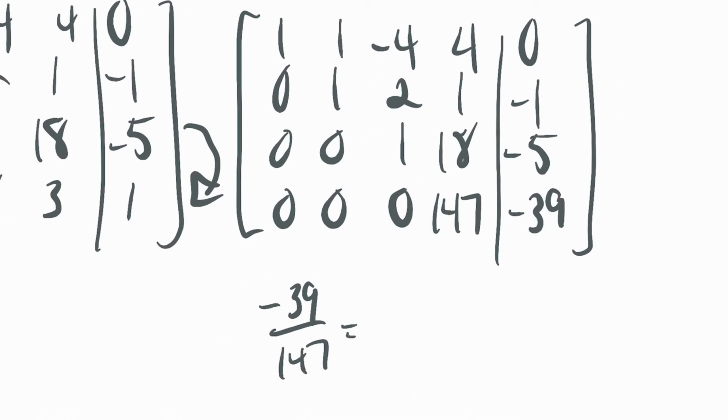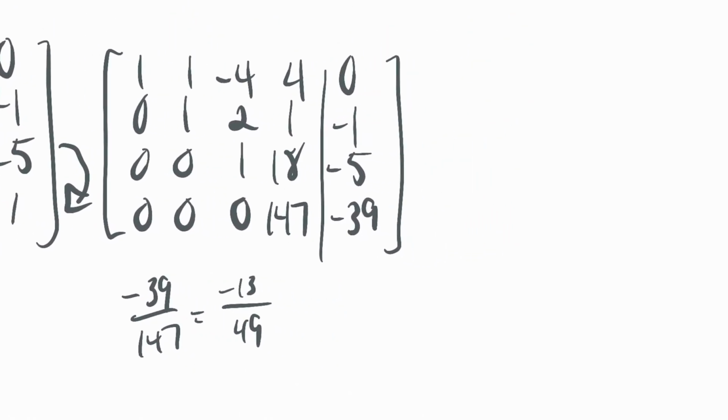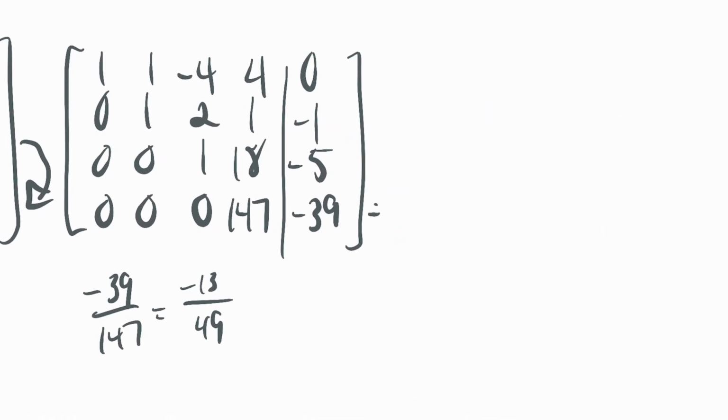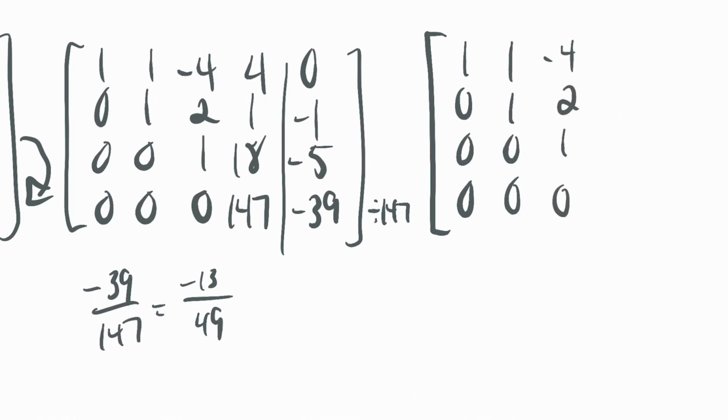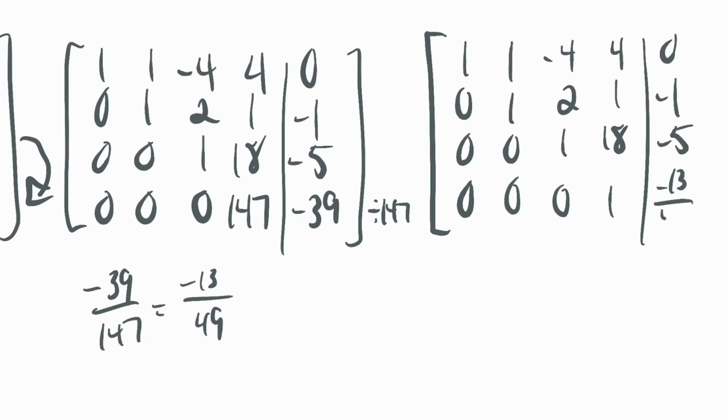The top and bottom are both divisible by 3, so it's -13 over 49. So the bottom row becomes 1, 0, 0, 0, 1, 1, 0, 0, -4, 2, 1, 0, 4, 1, 18, 1, and then 0, -1, -5 and -13/49.